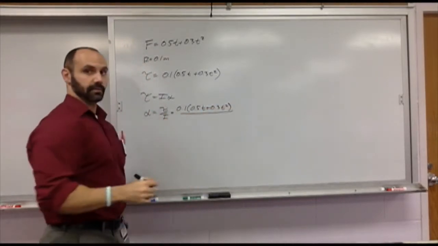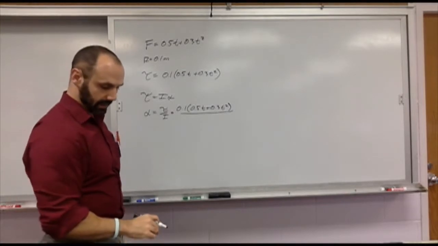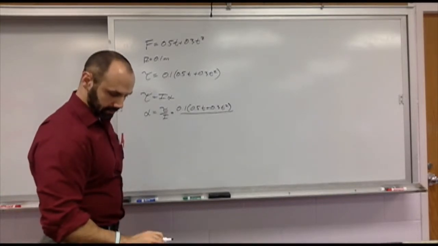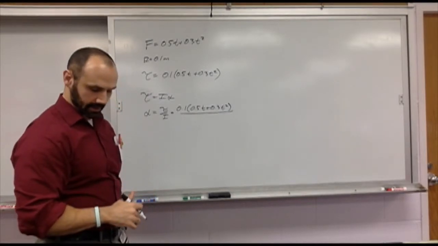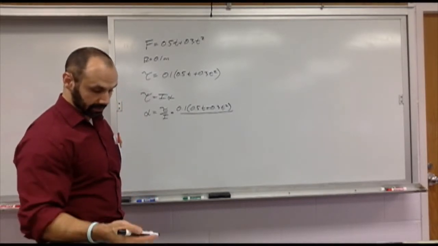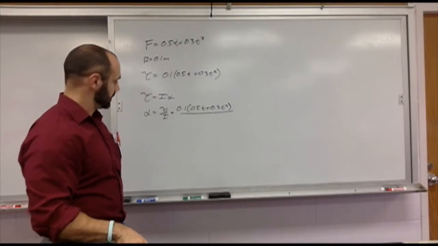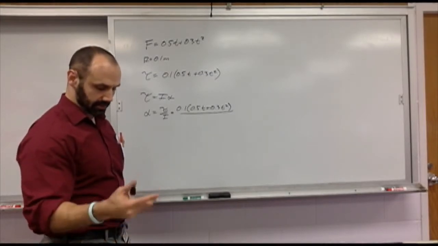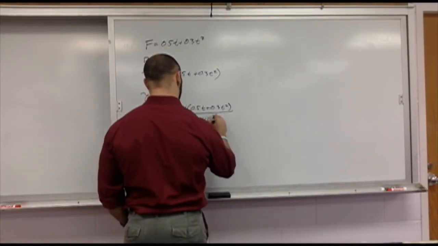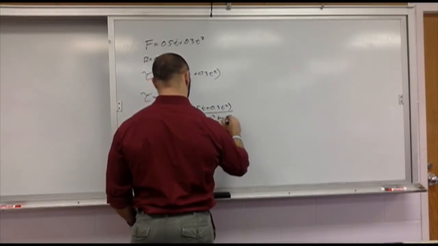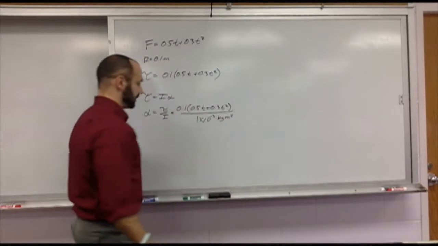And I is the moment of inertia of this thing. So that's 1/2 mr squared, right? It's a pulley. Actually, no, sorry, they just give us the moment of inertia, so we can plug that in: 1 times 10 to the negative third kilogram meter squared.